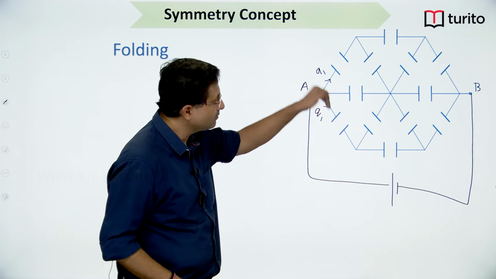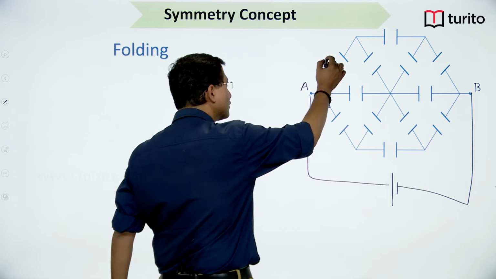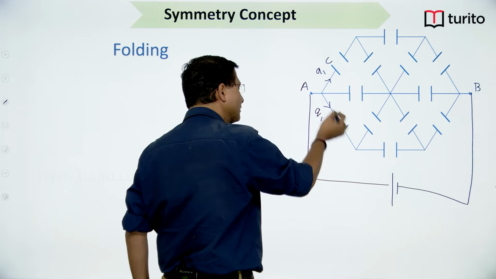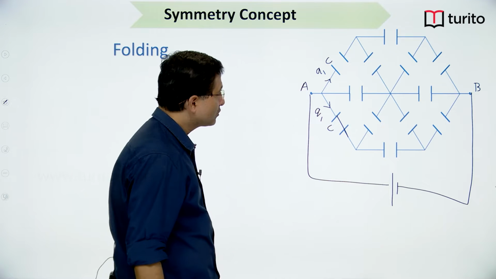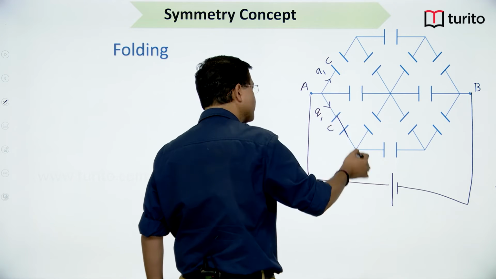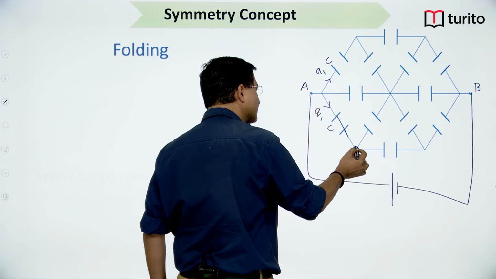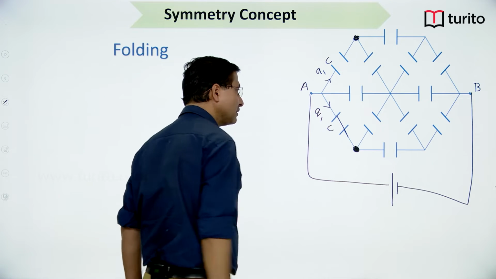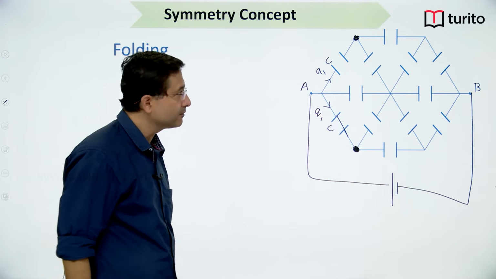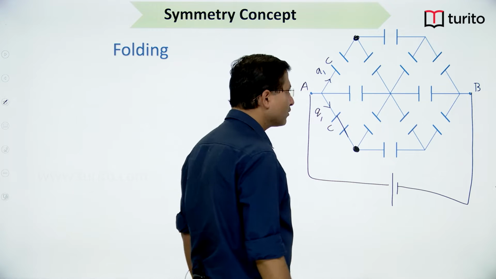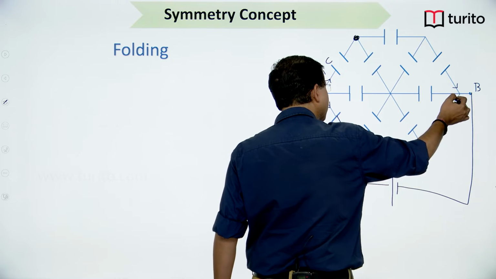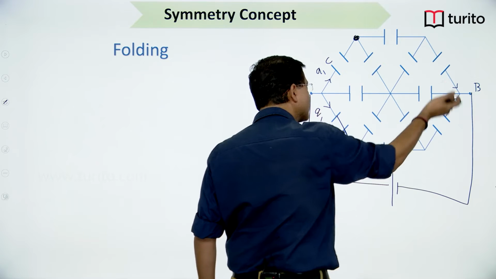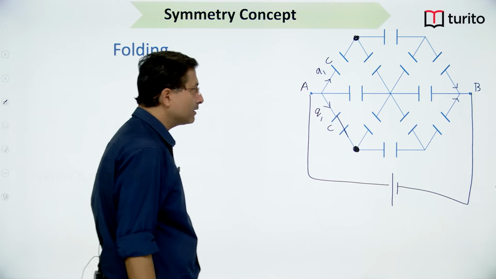If this is Q1, both the capacitances are the same, C and C, Q is equal to CV, right. That means the potential difference here is the same as the potential difference here. So if the potential difference here is the same as here, this junction and this junction will be at the same potential, right. And when I look at this side, whatever is flowing through this one, the same will be flowing through this one, because this is having folding symmetry.